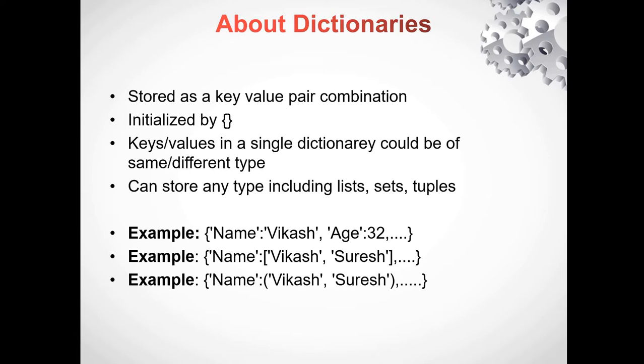So how do you initialize a dictionary? You initialize a dictionary by using open and close curly brackets. In the last video as well, I told you that if you initialize a set using these open and close curly braces, then it will not be a set. It will by default be a dictionary, right? So in the case of a set, if you have to initialize one, you have to call the set function.